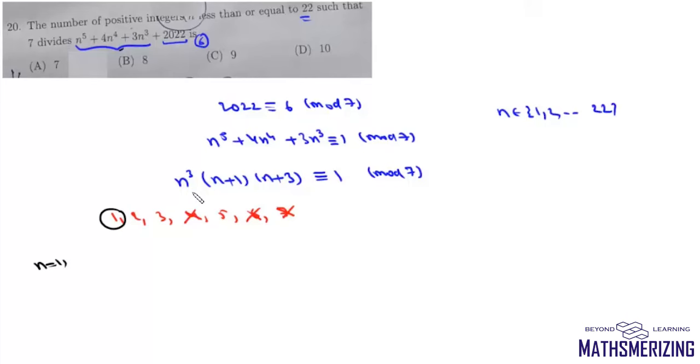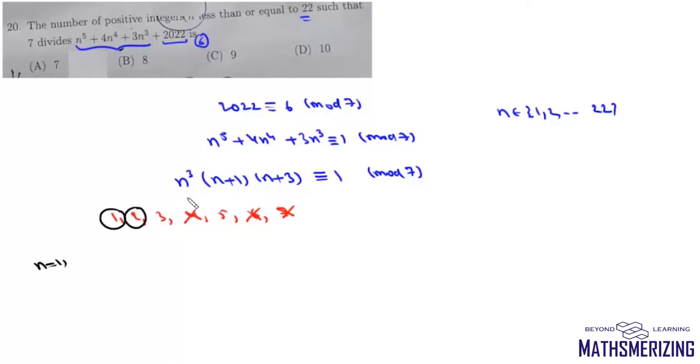Now if we take n as 2, we'll get this as 8, 8 into 3 into 5, which is 15. Now 15 into 8 is 120. And 120 again is congruent 1 modulo 7. So we'll have n equals 2 also.